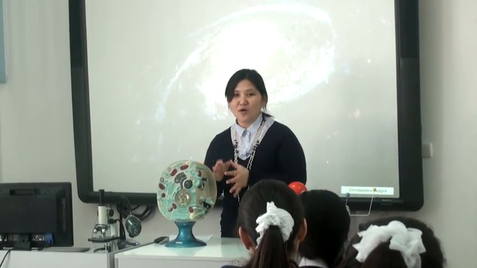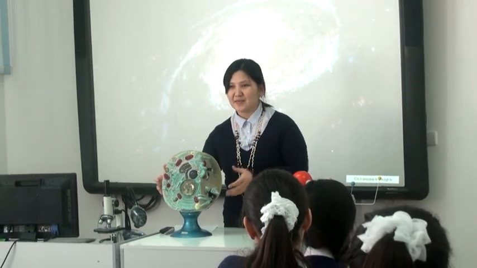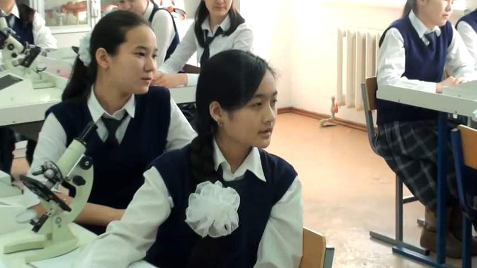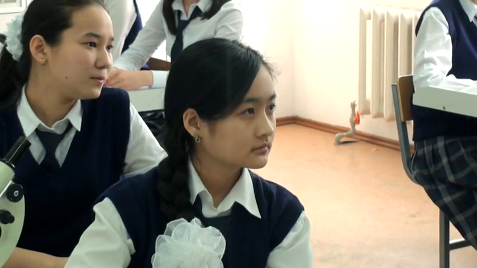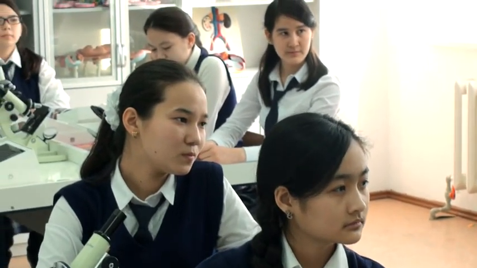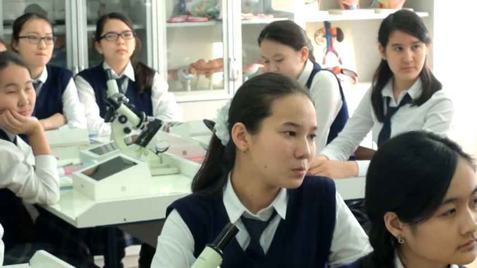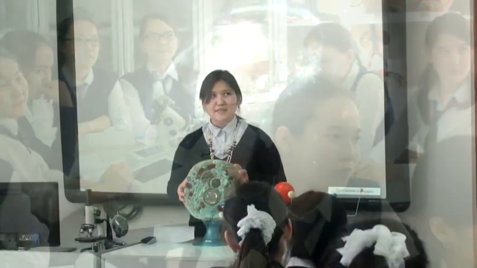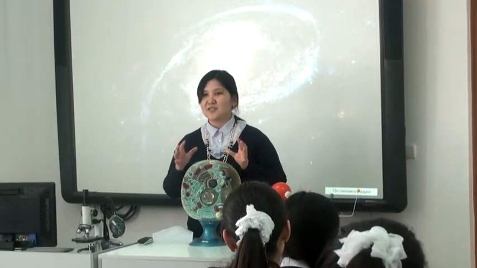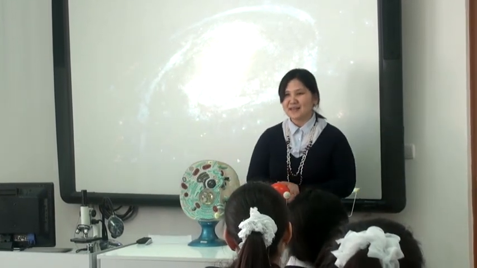Actually, it is very small, and you can observe it under the microscope. I will give you hints. It is found everywhere in all living things. Even inside of you, this micro world is working. It is the unit of life. What is it? Cell. Well done.